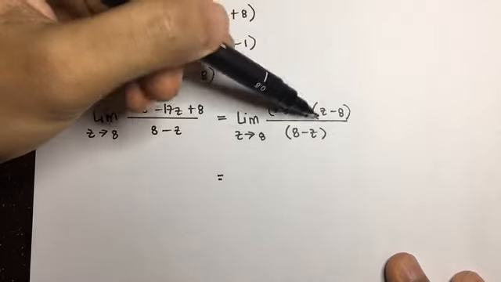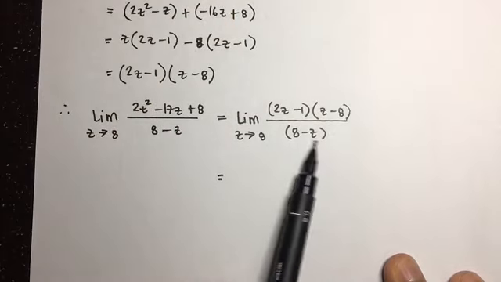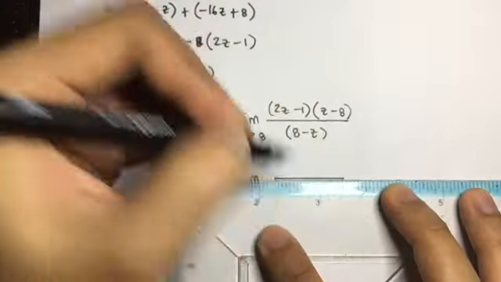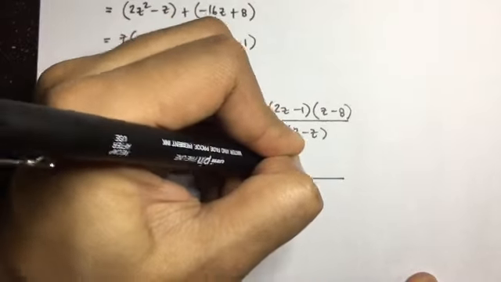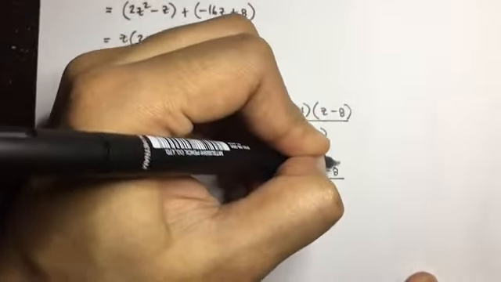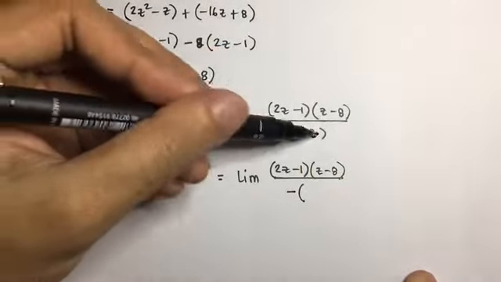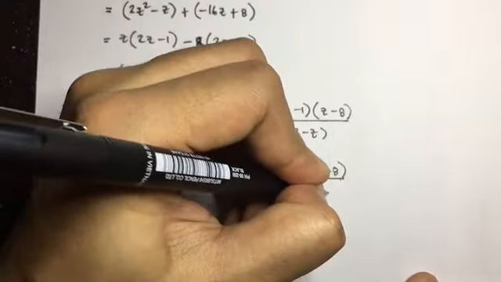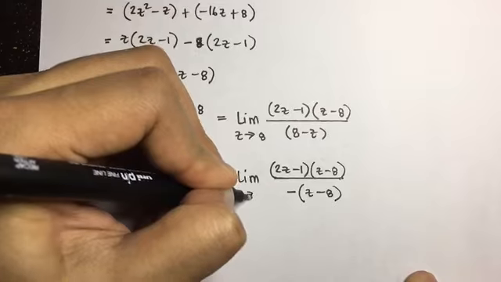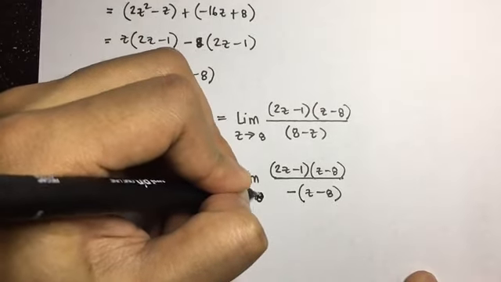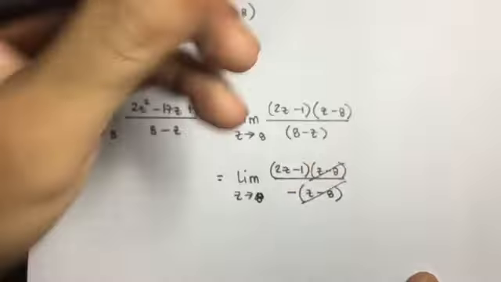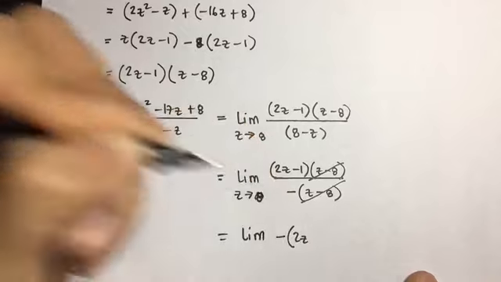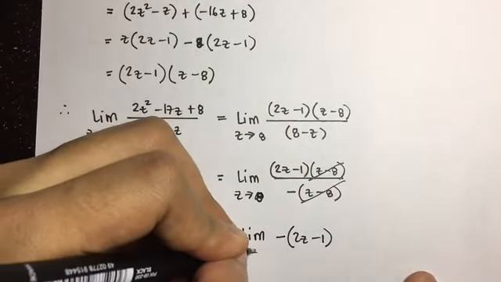As we can see, we can cancel this out. If we factor out negative 1 from the denominator, it becomes negative (z minus 8). We can cancel z minus 8, so what remains is the limit of negative (2z minus 1) as z approaches 8.